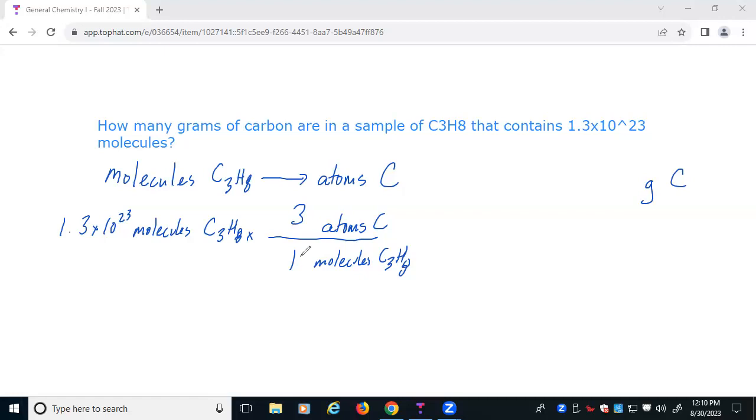From here, this is nothing new. This is nothing that we didn't do on Monday already. My molecules of propane have canceled out. Now I have atoms of carbon. And the next logical step would be to take those atoms and turn them into moles, and then turn the moles of carbon into grams of carbon. And these are the exact kinds of calculations that we did on Monday.